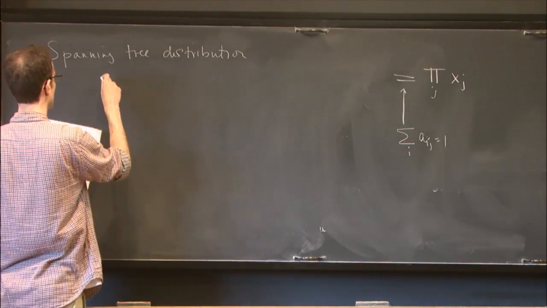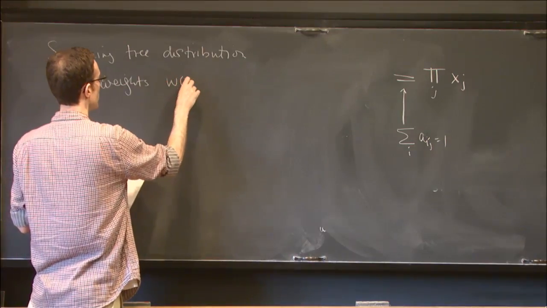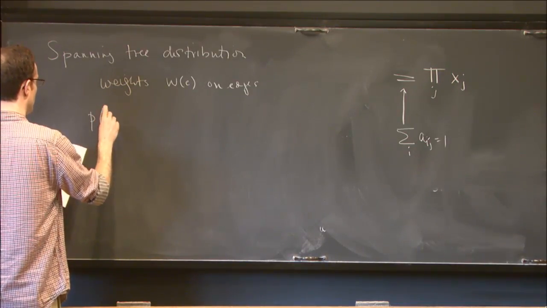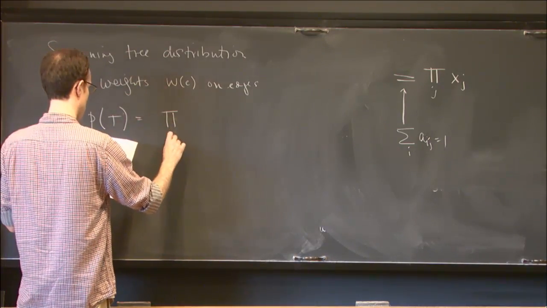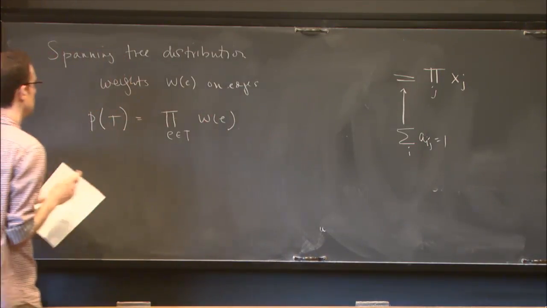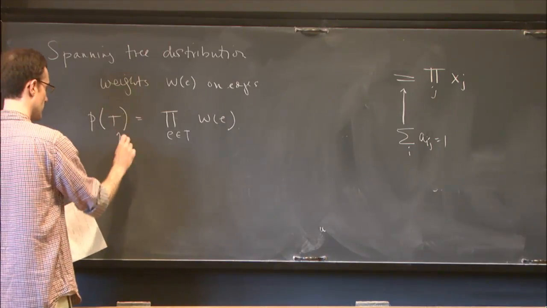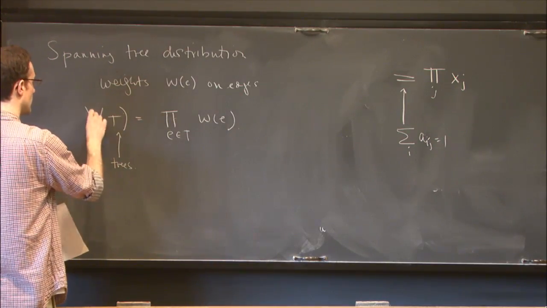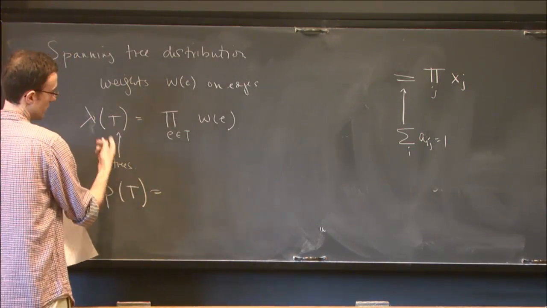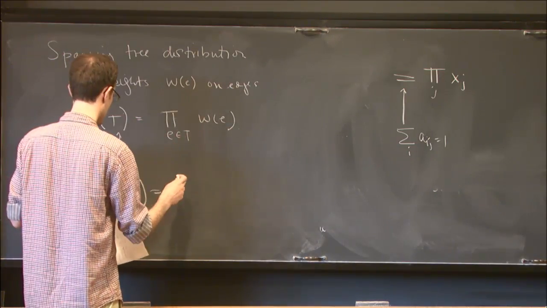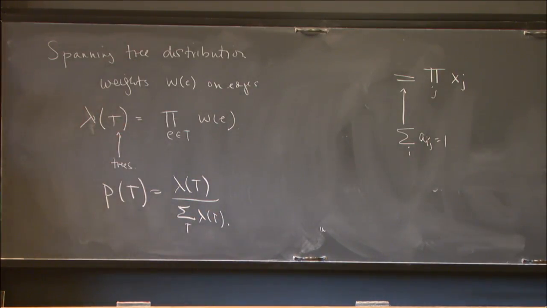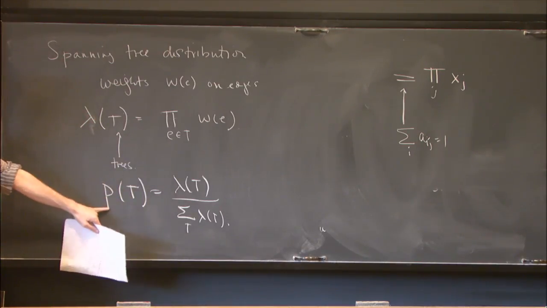So if you put weights W of e on the edges, and then you define lambda of T as the product over e in T of W of e, over subtrees, then you can have a distribution which is a normalized version of this: lambda of T over the sum over all T of lambda of T. That's P of T. This normalization turns it into a probability distribution.